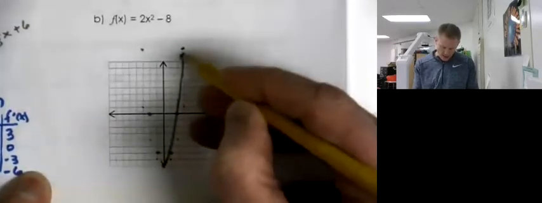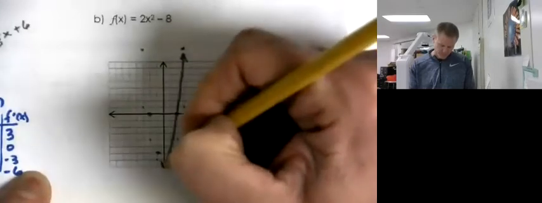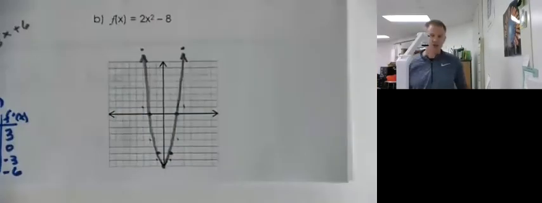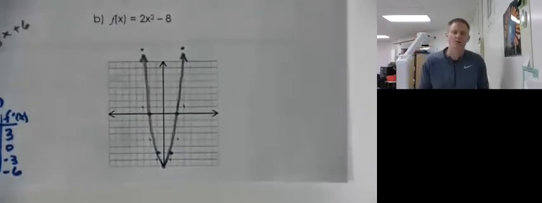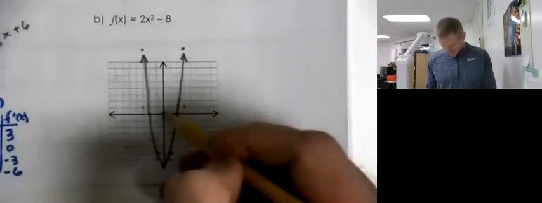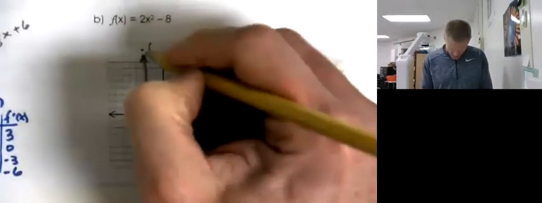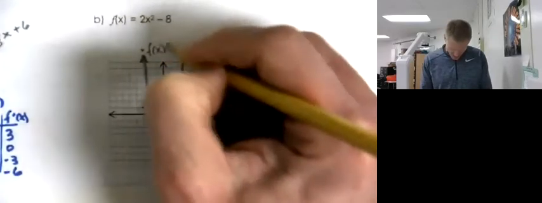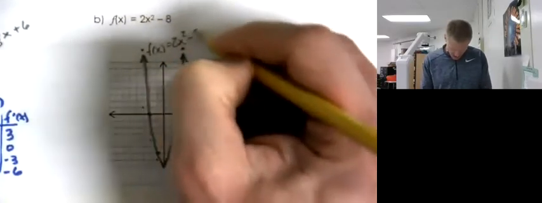So that's how we can graph a parabola. You need some understanding of how it relates to your parent function. So this is f of x, and that's 2x squared minus 8.